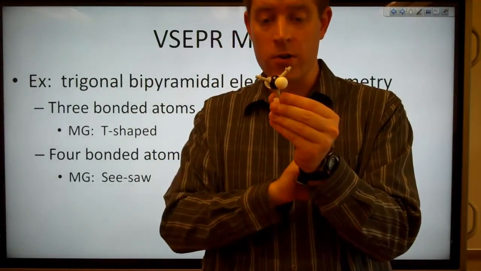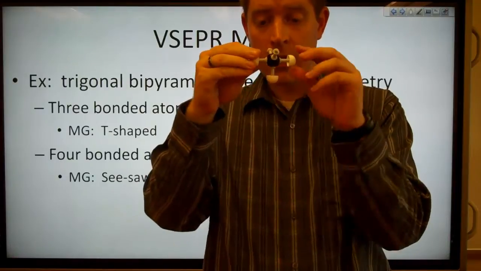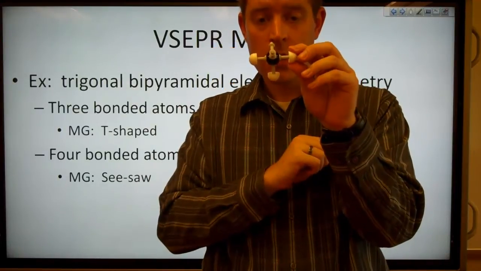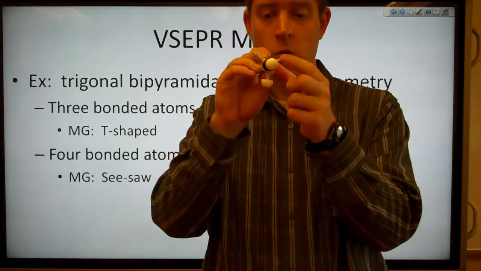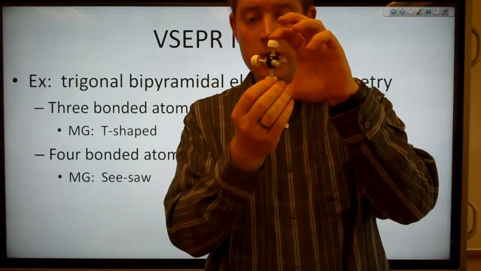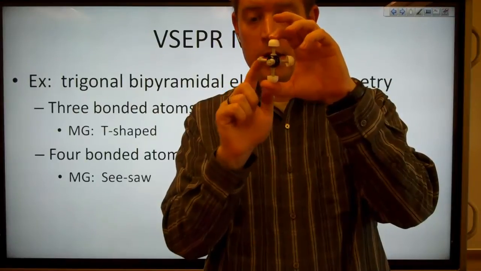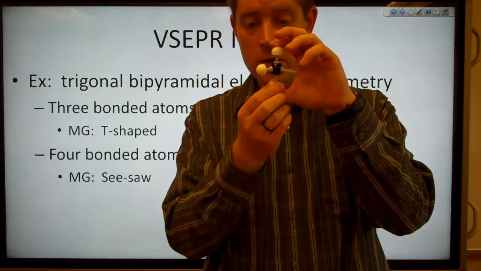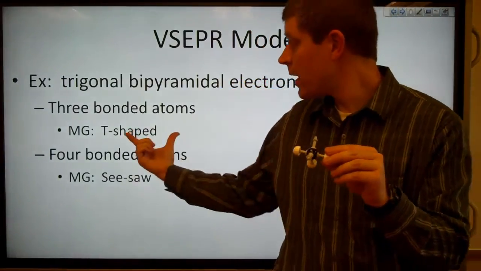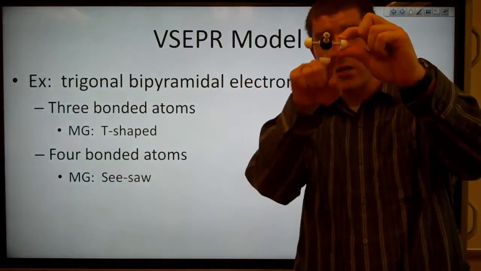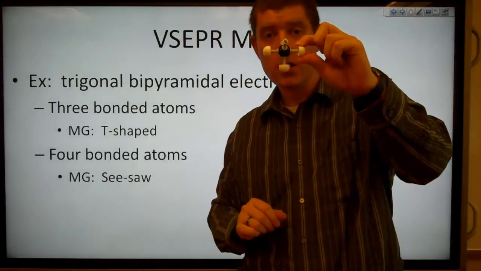That puts them 120 degrees apart, and now we put our atoms 90 degrees apart, 2 of them at our axial positions, and 1 of them at the equatorial position. That gives us a molecular geometry that is T-shaped, because it looks like a T if we ignore the lone pairs.